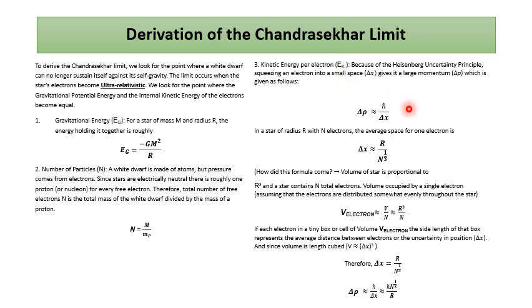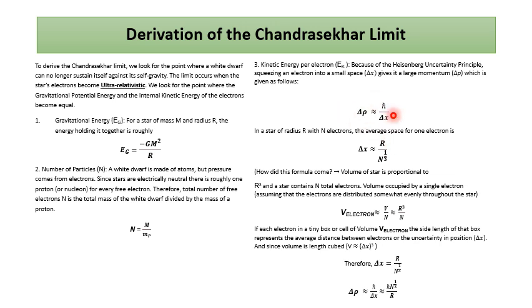So we have this relation where we are squeezing an electron into a small space. When we are compressing and making the electrons move faster and faster to create the electron degeneracy pressure, we are squeezing each electron into a small space, which gives it a large momentum because of the Heisenberg uncertainty principle. Therefore, we get this relation.